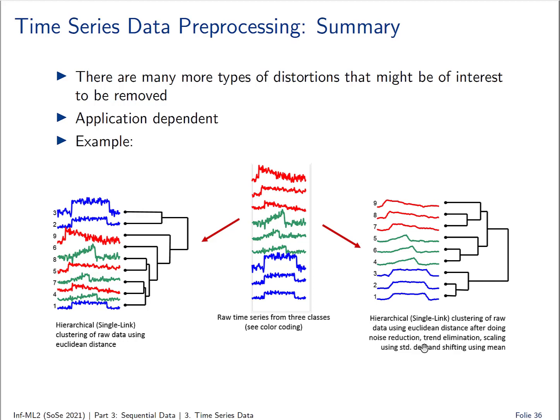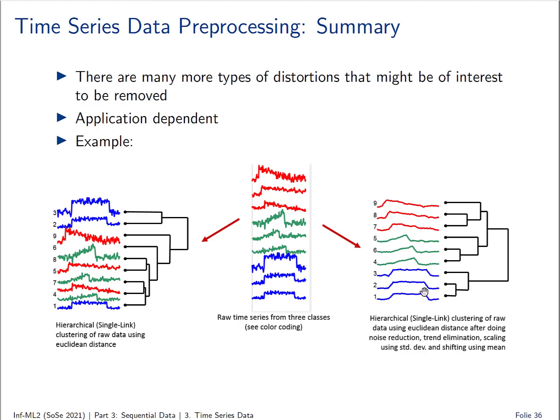If you do noise reduction, trend elimination, scaling, and normalization, you end up with these time series here. And then if you do clustering, you see that you pretty well end up in 3 clusters. This is one cluster, this is another, and this is the 3rd cluster.